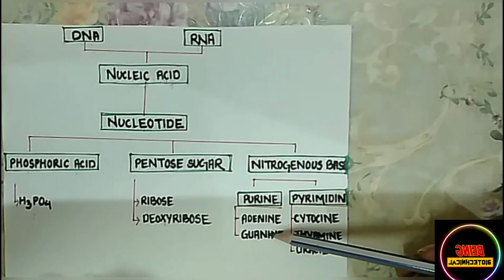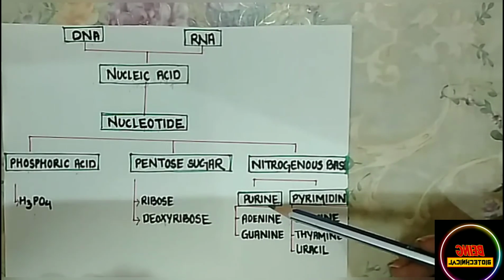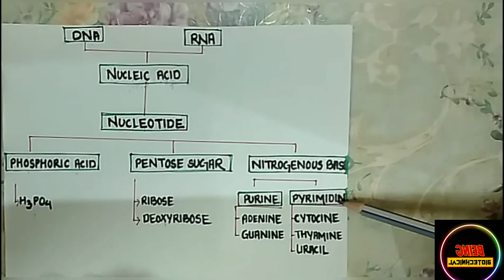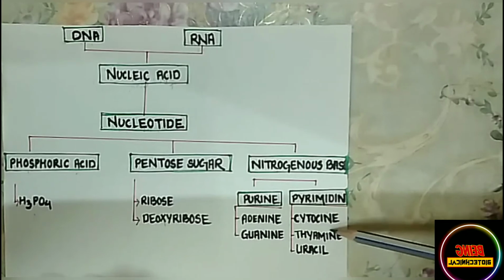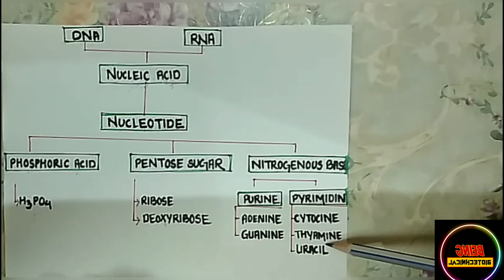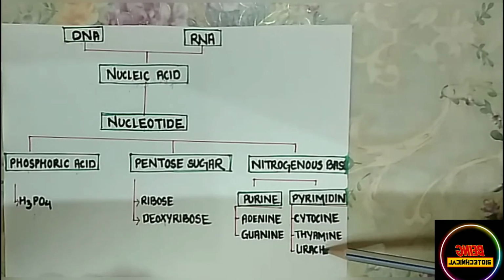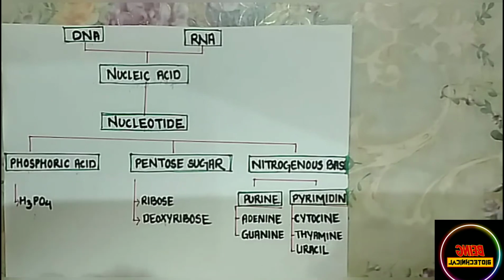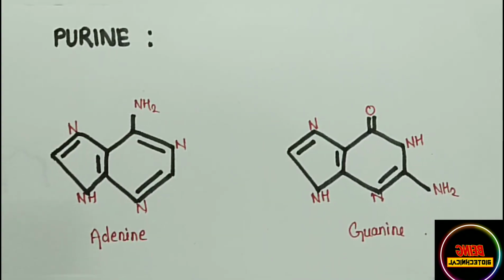We can also say that adenine and guanine are both purines. Then comes pyrimidine. Pyrimidine is divided into three parts: cytosine, thymine, and uracil. We may also say that cytosine, thymine, and uracil are pyrimidines. Now, let us look at their structures. This is the structure of adenine and guanine.